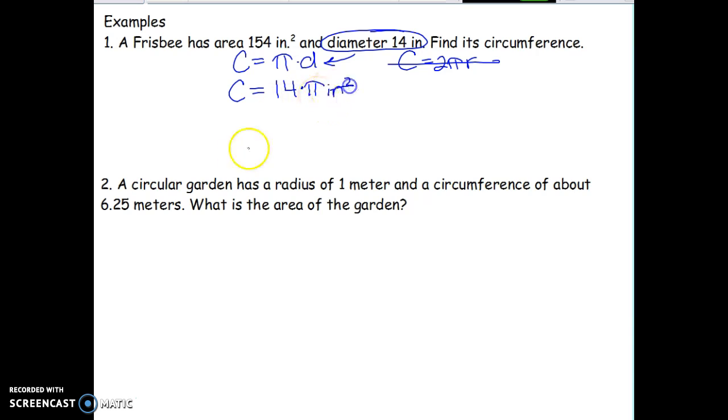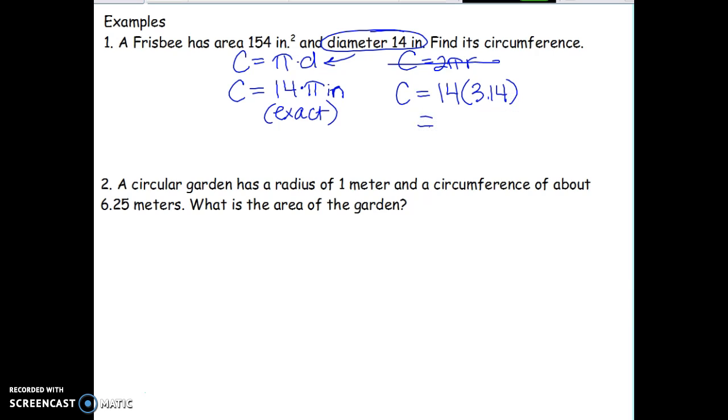We would just put inches after, and if pi is in our answer, then that means that it is an exact answer. If we want to give an approximate answer, we can take the pi out. Sorry, this would not be squared. This would just be inches because we're talking about circumference, and circumference is a length, not an area. We can take that pi out and replace it with the approximation for pi, which is 3.14.